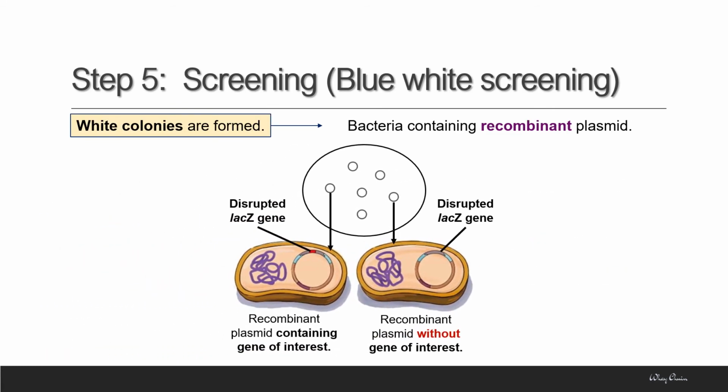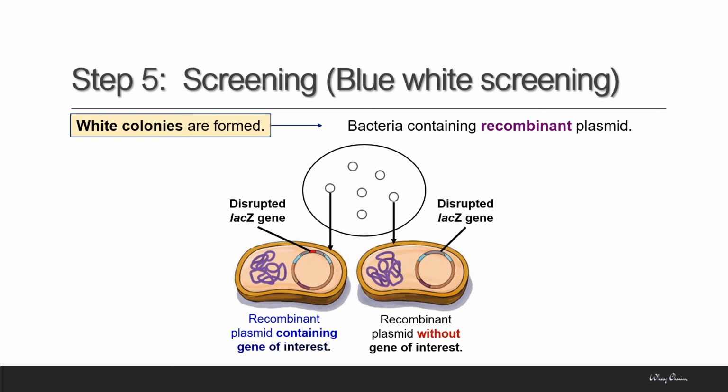So, at the end of the gene cloning, scientists will focus on white colonies because white colonies have the bacteria containing recombinant plasmid. But always remember, the recombinant plasmid may contain the gene of interest or be without the gene of interest.